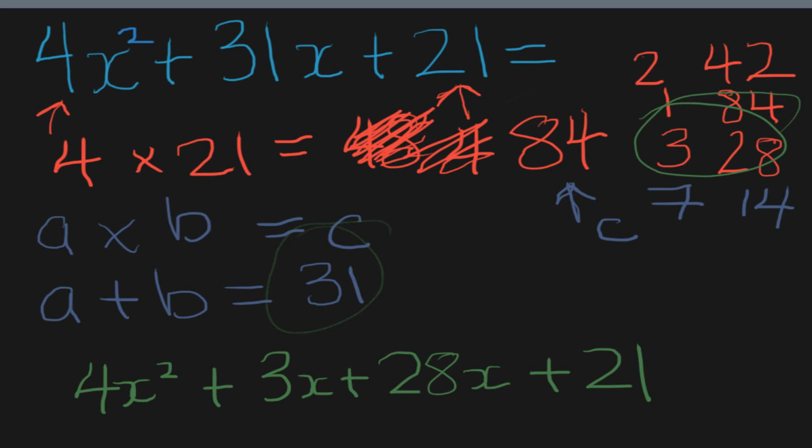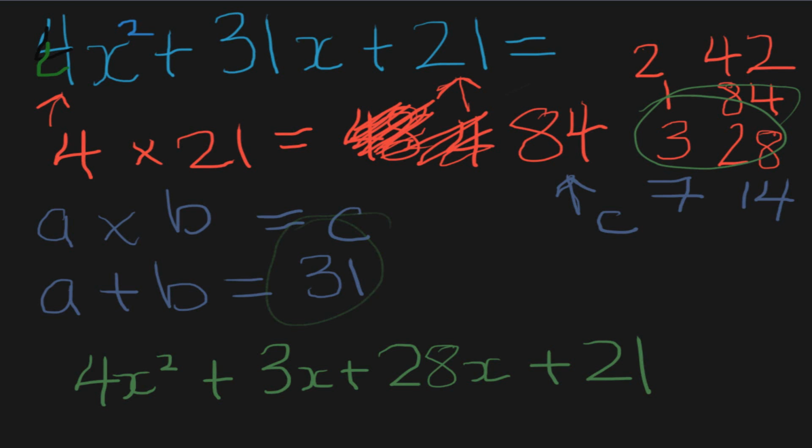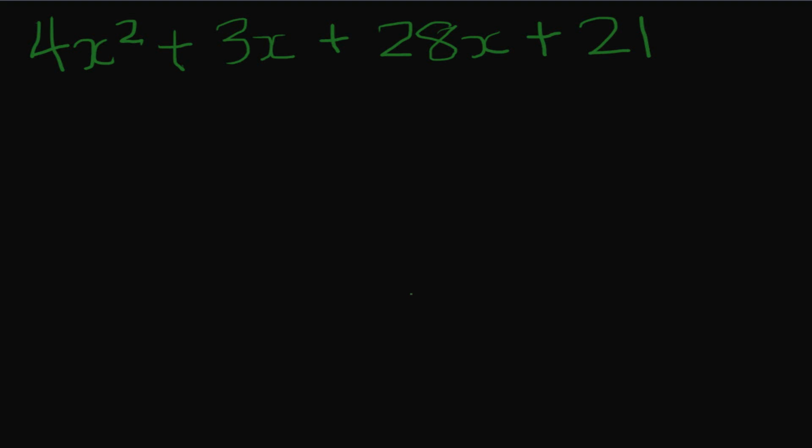Let me just pick a correct color. 4x squared plus 3x plus 28x plus 21. Is that right? 4x squared, 3x, 28x, 21.